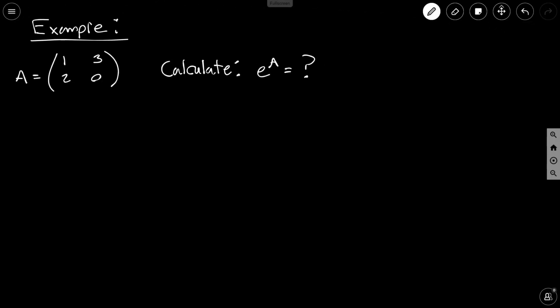Okay, here's a quick example of how you can find the exponential of a 2x2 matrix. So we know that the cookbook recipe for finding e to the a for an invertible a is as follows. And I'll leave this as an exercise for you guys, but the eigenvectors and eigenvalues of a are as follows.